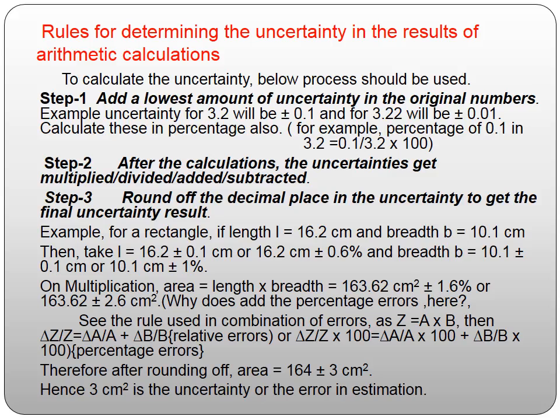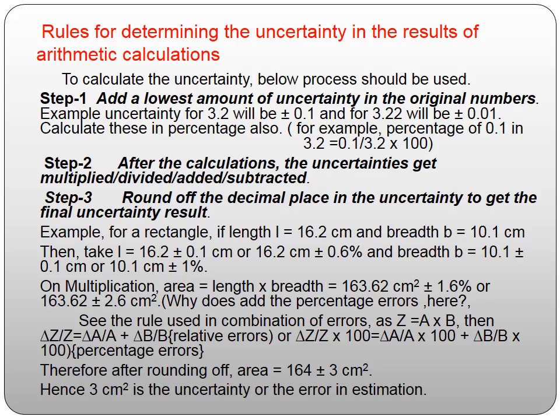As Z is equal to A into B, then delta Z by Z is equal to delta A by A plus delta B by B. They are the relative errors. Or delta Z by Z into 100 is equal to delta A by A into 100 plus delta B by B into 100 when the relative errors are expressed in percentage.